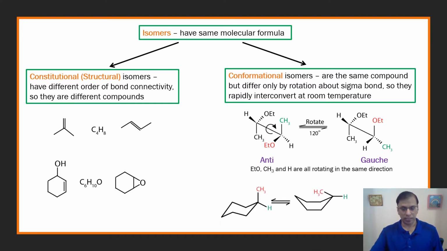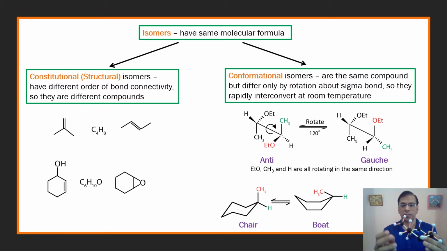So this is another example. This is an example of methylcyclohexane, and you can have it in a chair conformer or a boat conformer. So this is a model right here.